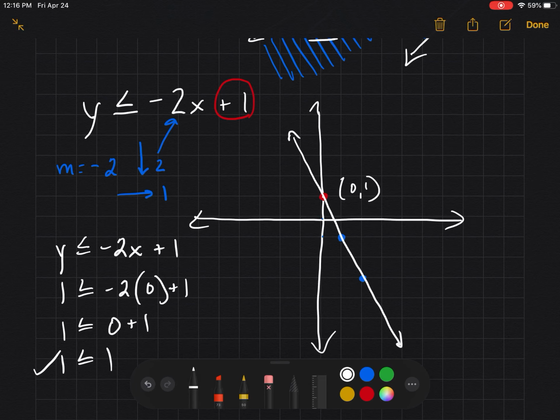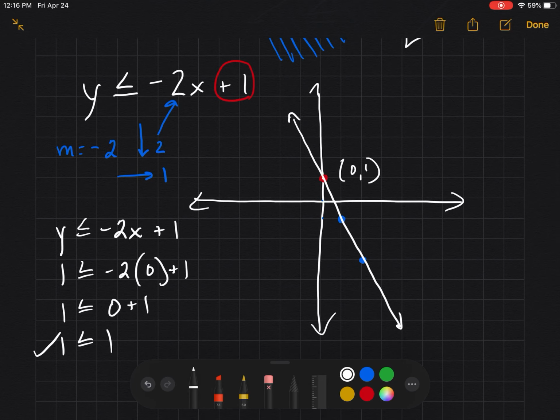Now my second step, as we learned yesterday, is am I going to shade above or below? Well, my inequality says that y is less than or equal to the rest of the line. So where is y? Where are the values smaller? It's all down here. These are all the smaller numbers.